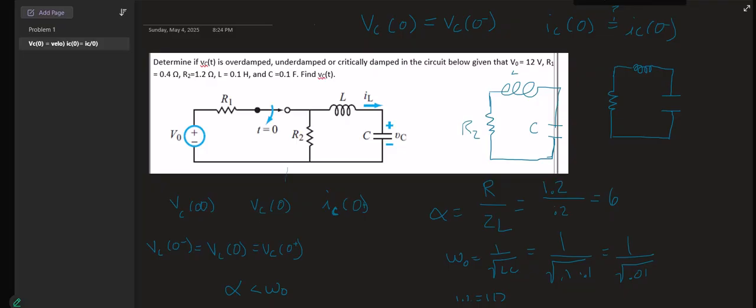The current through the inductor was 0 at 0 minus, and the current through the inductor cannot change instantaneously. So, since the current through the inductor cannot change instantaneously, the current through the capacitor had to be 0.